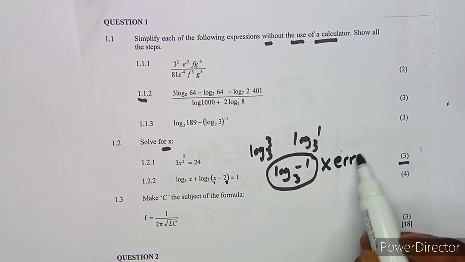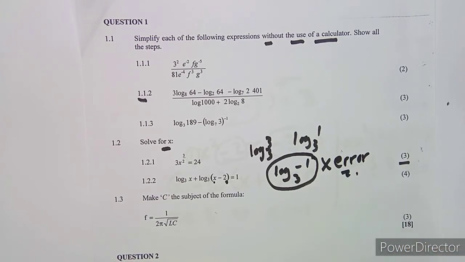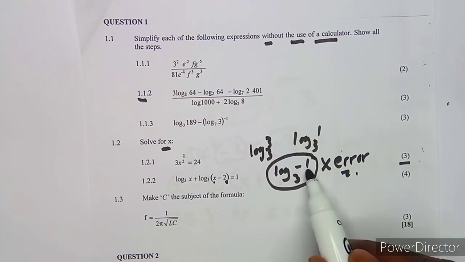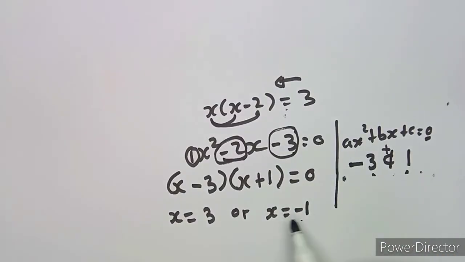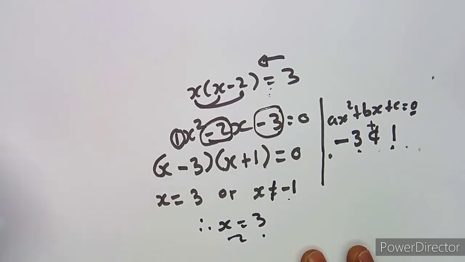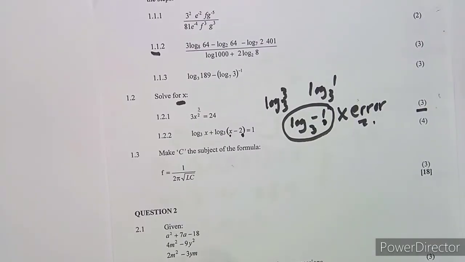It's a math error, which means it's invalid. So our x cannot be negative 1. Therefore our x is going to be 3. All right, so that's what we are going to have here.